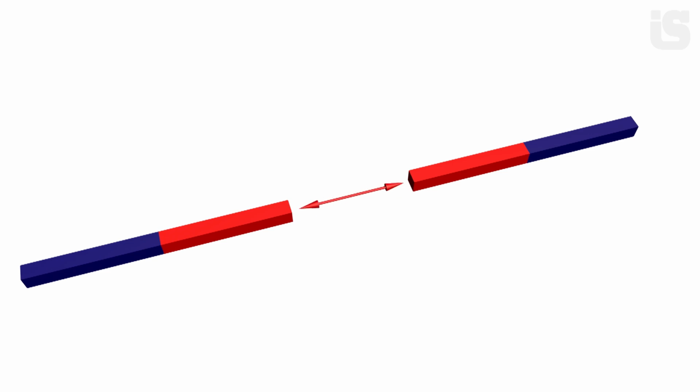What happens if another magnet is brought close to the magnet? The same poles of the magnets will repel each other.